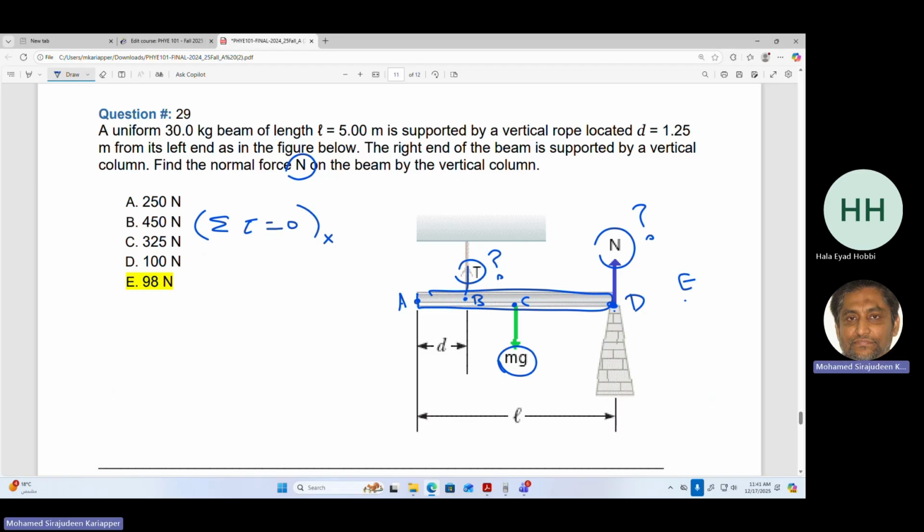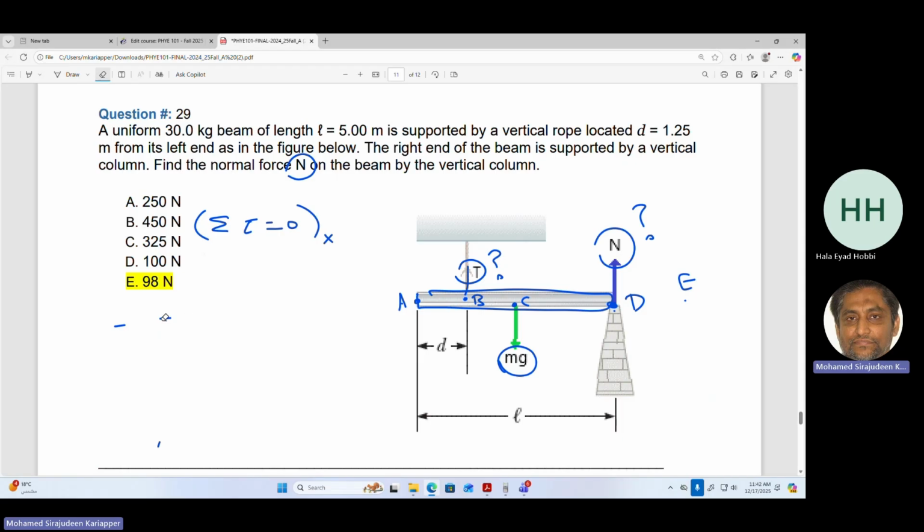It's like saying x plus y is equal to 3, and someone asks you to find x and y. There will be several answers, right? x equal to 1, y equal to 2. Or maybe x equal to 0, y equal to 3. So when you have an equation like this, you cannot solve for both x and y. Maybe you need another equation, but we want to answer this as quickly as possible.